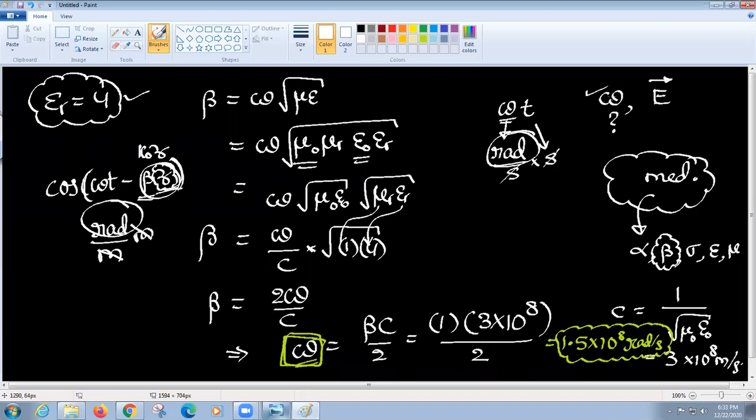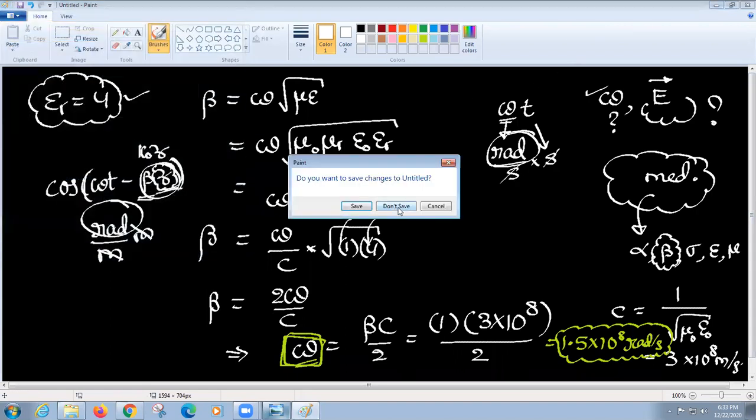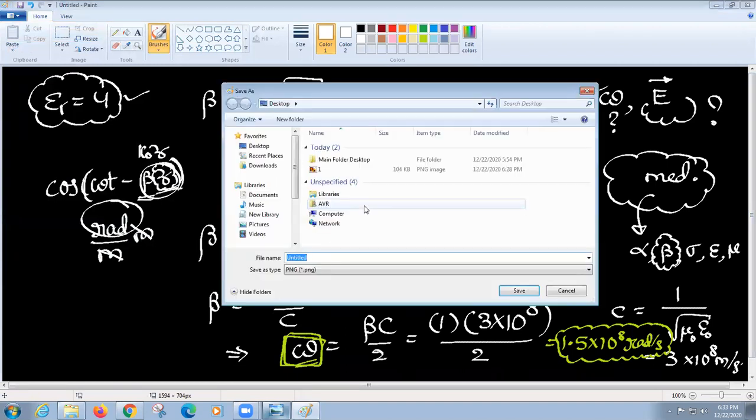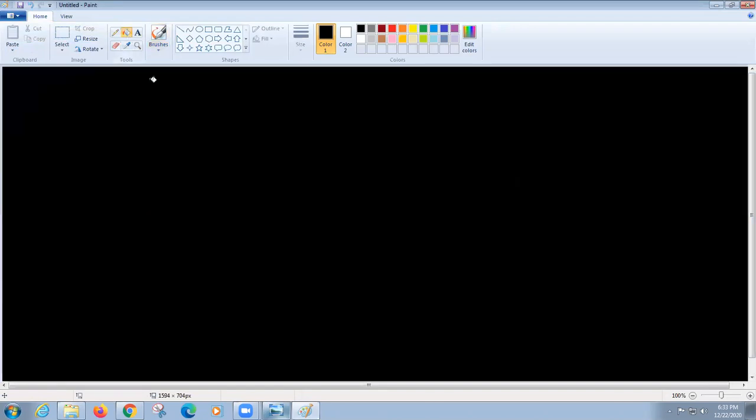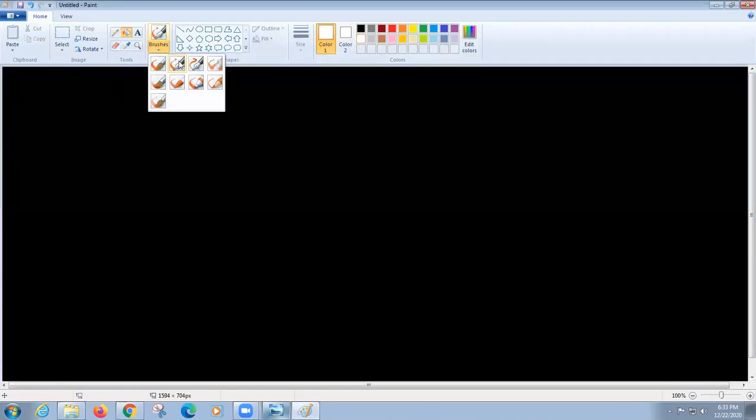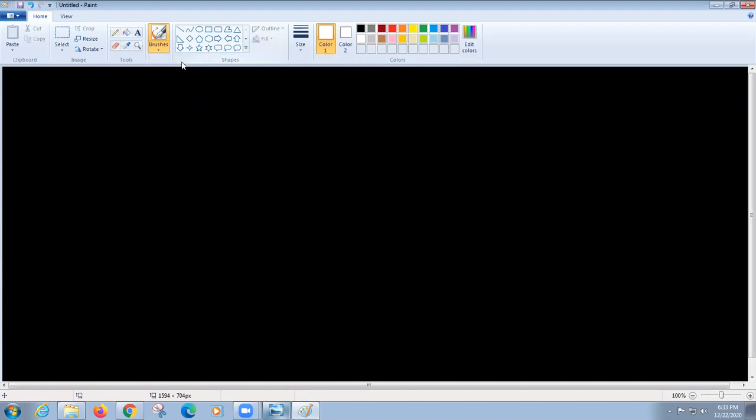Now we are left with what? E. Now we need to find this E. Now to find this E, we have two techniques using which we can get it.